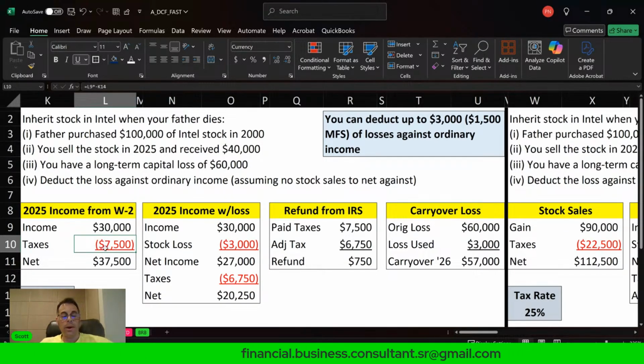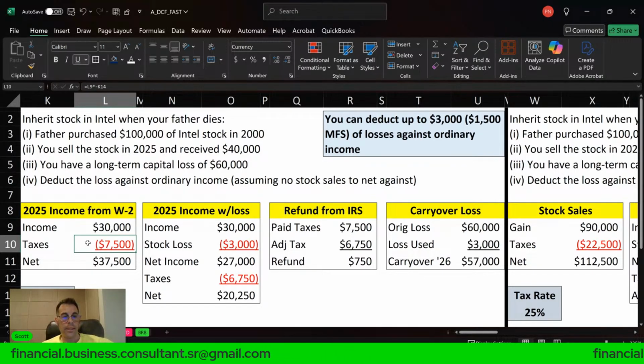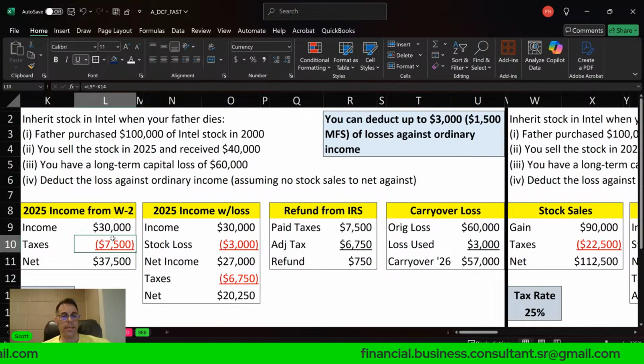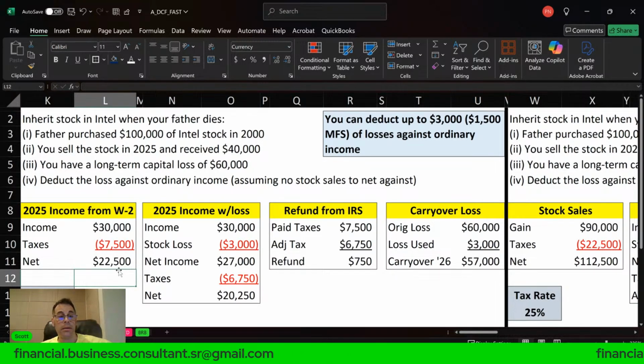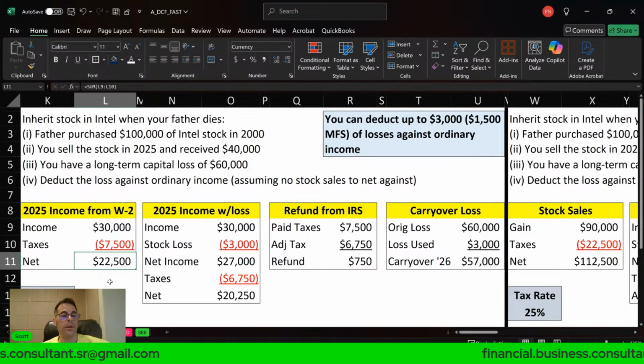So let's say throughout the year, like when your accountant does your taxes, he looks at your W-2 and he sees that you paid $7,500 in taxes. So your net for the year is $22,500.